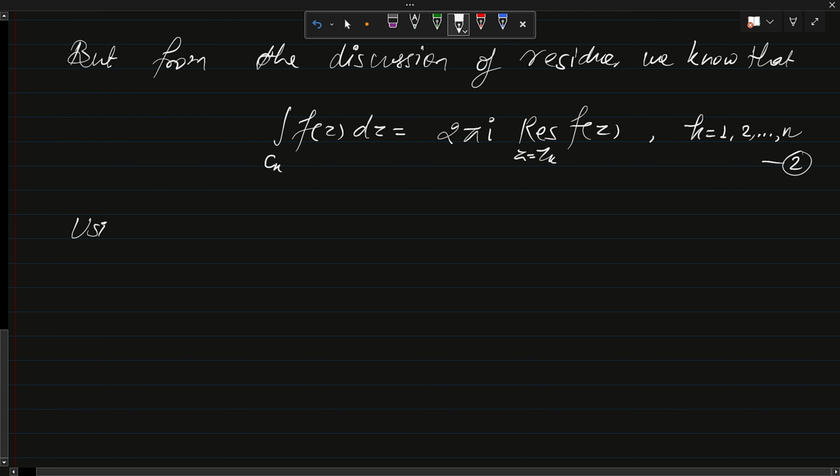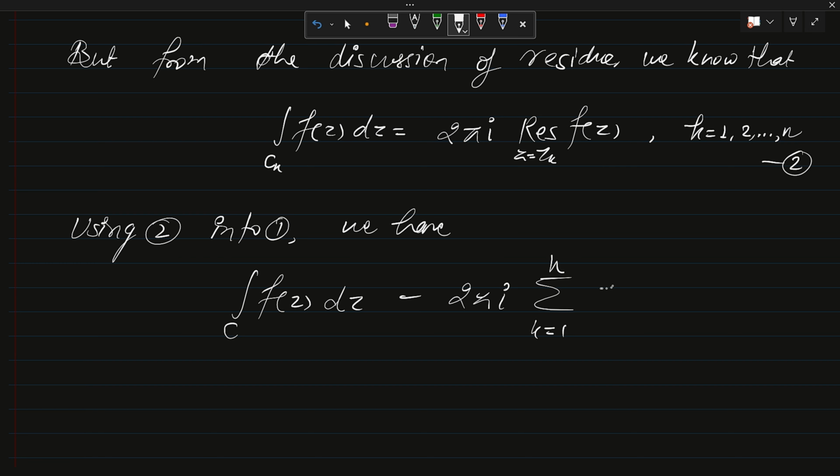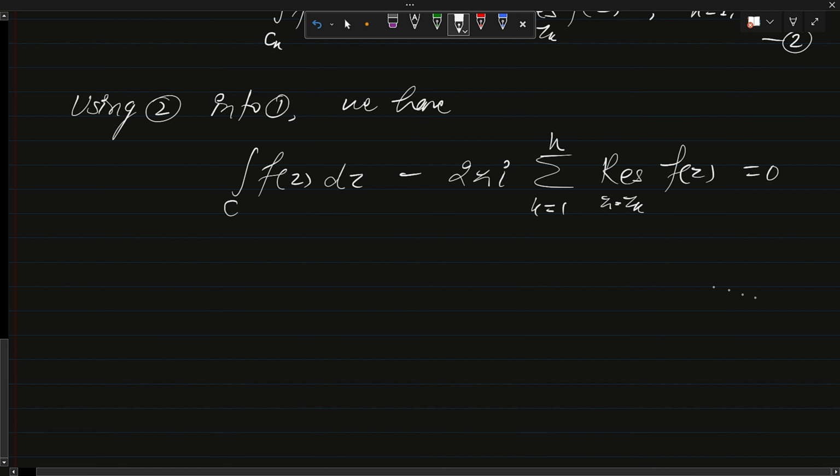So now using 2 into 1, we have that integration along C of f(z) dz minus, I'm writing directly this as 2 pi iota summation k running from 1 to n, then residues of f(z) at z equal to zk will be equals to 0, right?